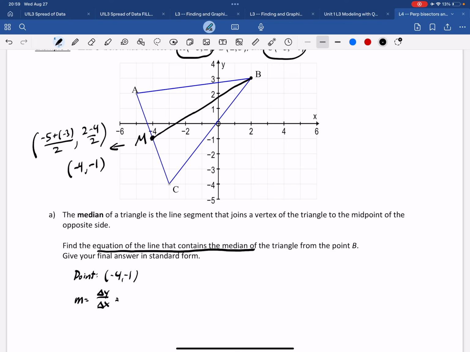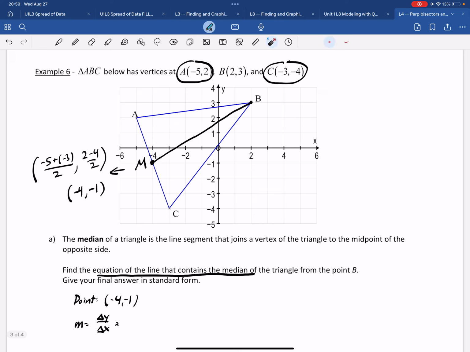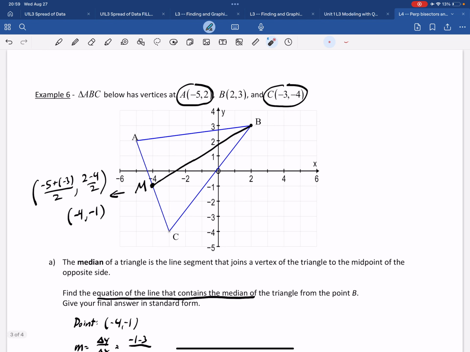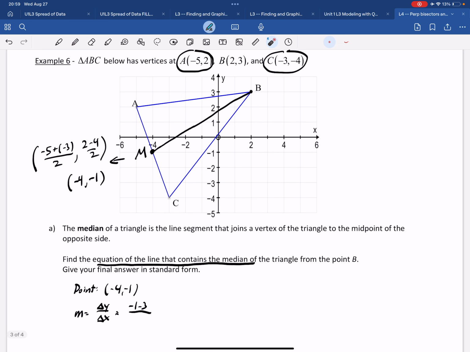So we're going from -1 minus 3 over -4 minus 2. This is -4 over -6, which is 2/3.